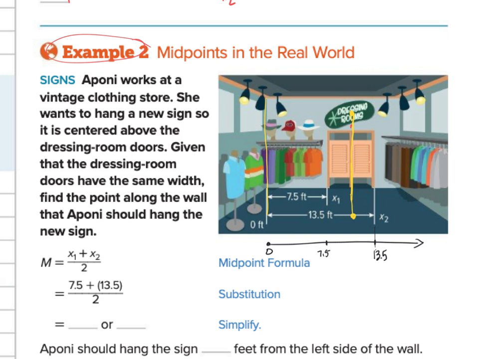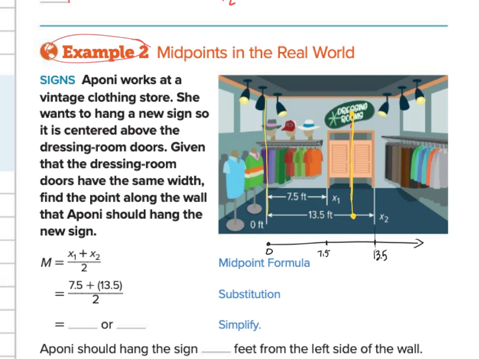I can think of it as the door being somewhere between 7.5 and 13.5, and since these doors are the same width, I want to find the halfway point between there, because that's where I want to hang the sign.